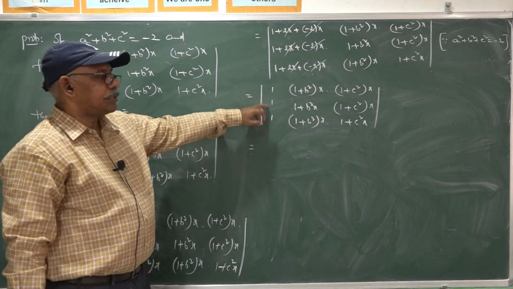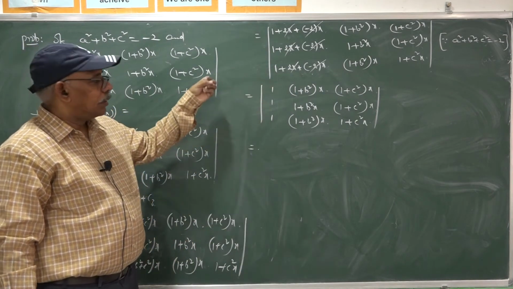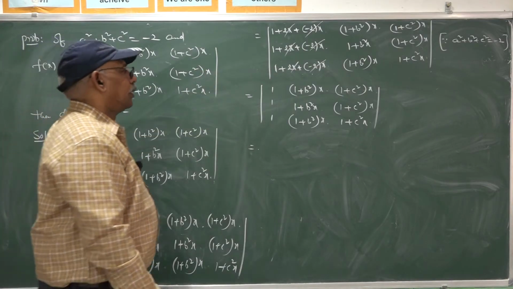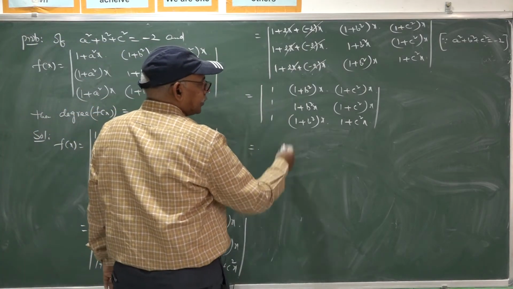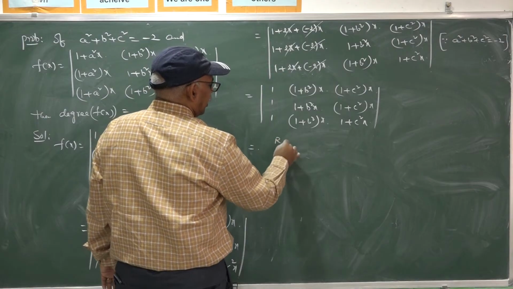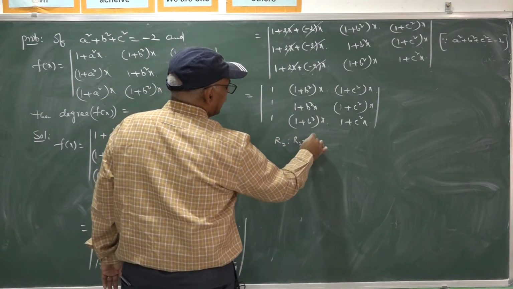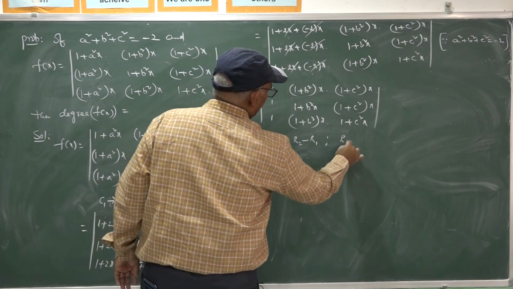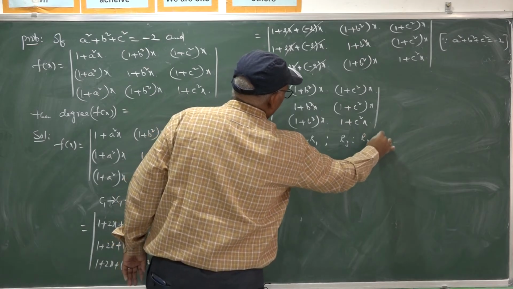Now make these two positions 0 and evaluate the determinant about the first column. To make these two positions zeros, take R2 as R2 minus R1, R3 as R3 minus R1.